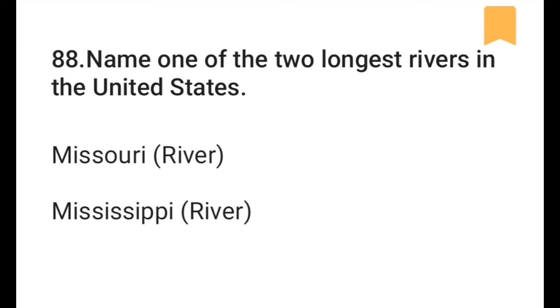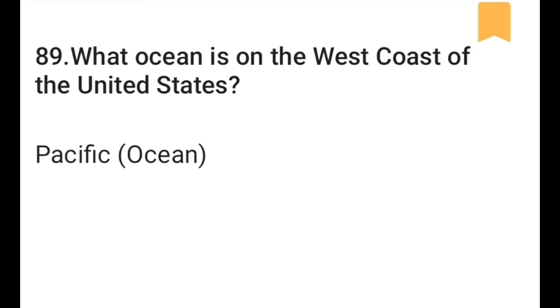Name one of the two longest rivers in the United States. Missouri River, Mississippi River. What ocean is on the west coast of the United States? Pacific Ocean.